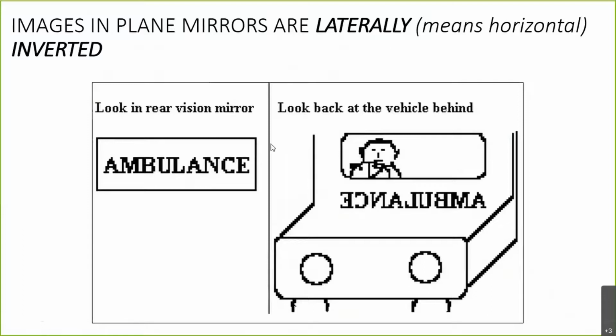So when you look in your rear view mirror, you're going to see the words look normal. That's because by printing the words backwards, the lateral inversion has already been compensated for. So when the mirror flips it, it flips it to the right orientation for us to read the words clearly. But if you were to not look in the mirror and you just turn back and look, you would see the words written backwards.